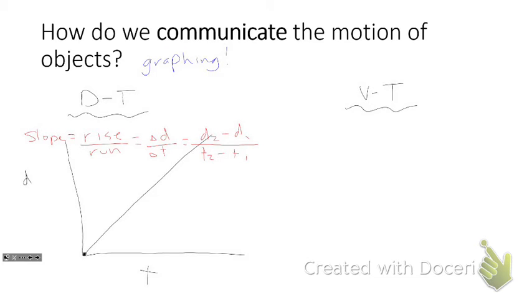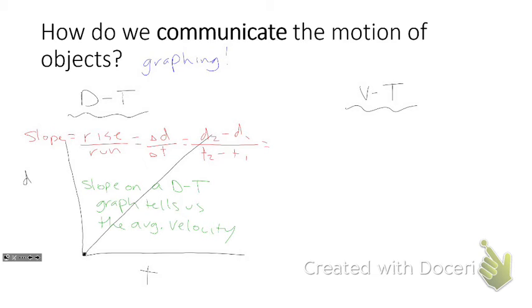So just like Abe had said, slope on a displacement time graph tells us the average velocity. Okay, and our units can help us with that.